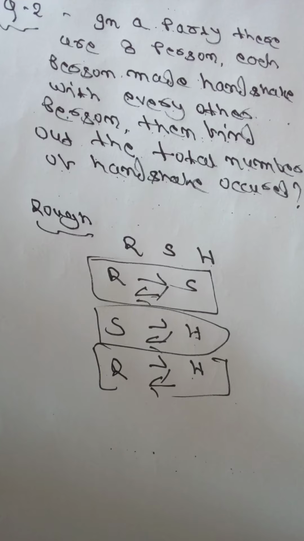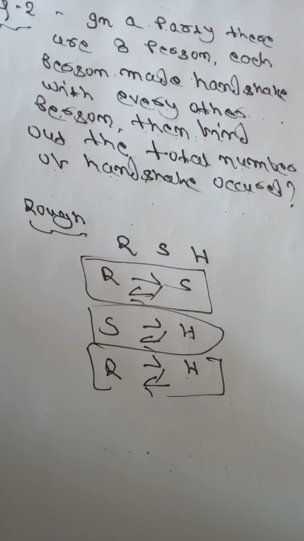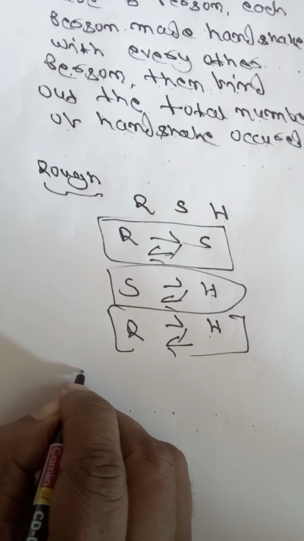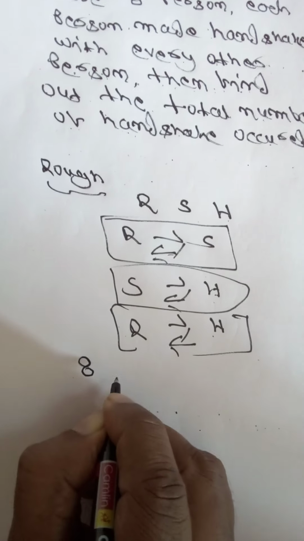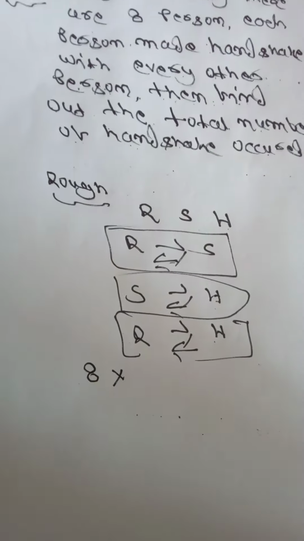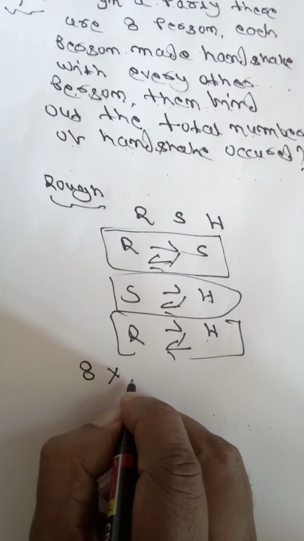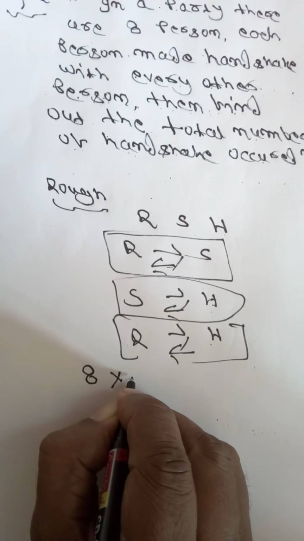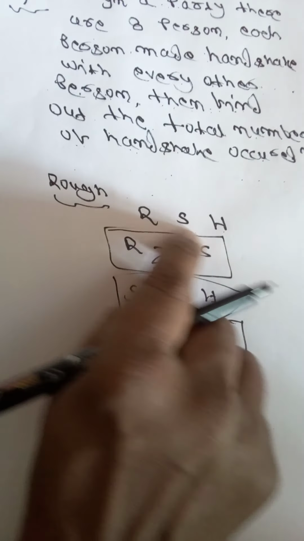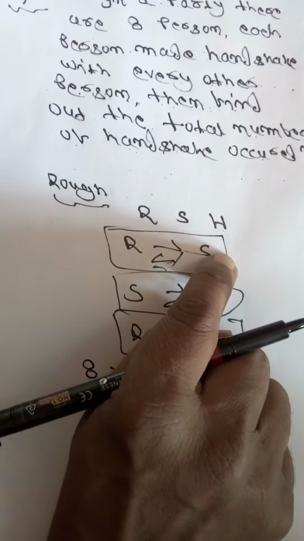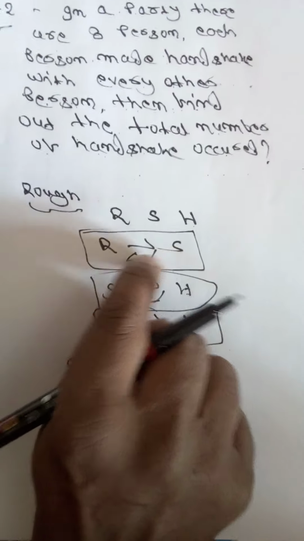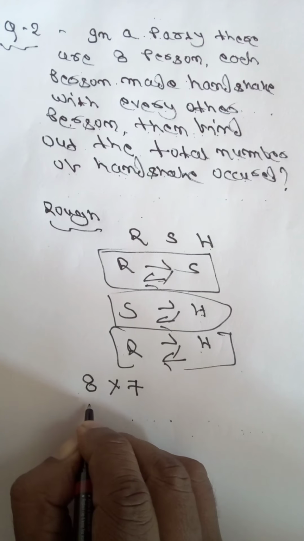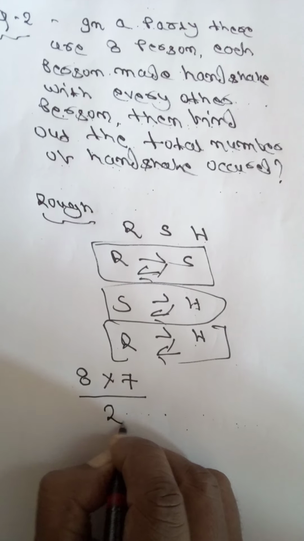That means the very concept is you just multiply the total number of students in the party, 8, into just one number less than the total number of persons, 7, and here we draw the conclusion Ram shakes his hands with Sam means Sam shakes his hands with Ram. That means in that case you just divide by 2.